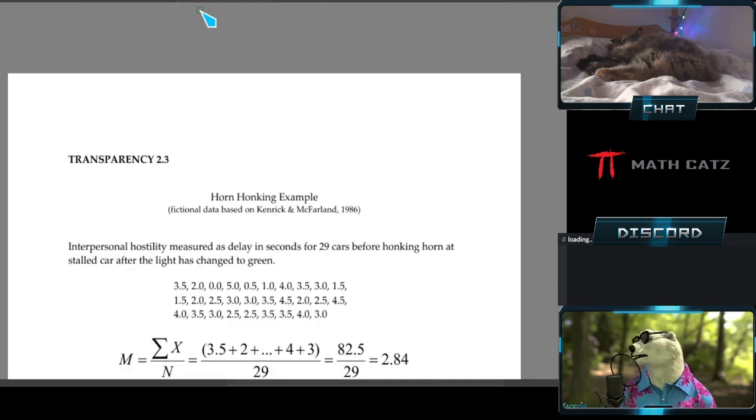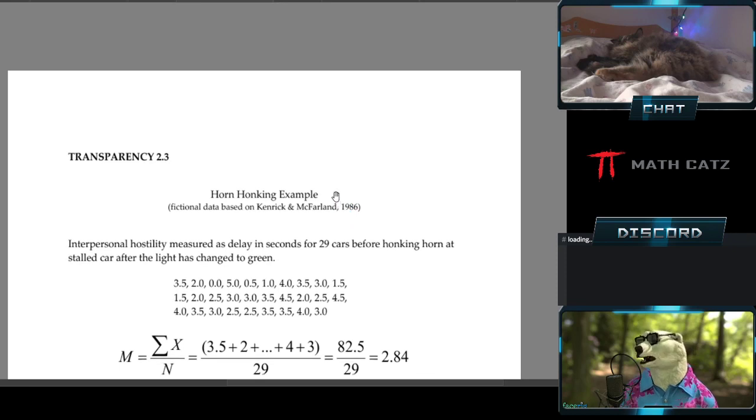Look at another example where we want to go back to the mean, more important, especially when it comes to numerical variables. Let's look at this horn honking example, which you may remember.